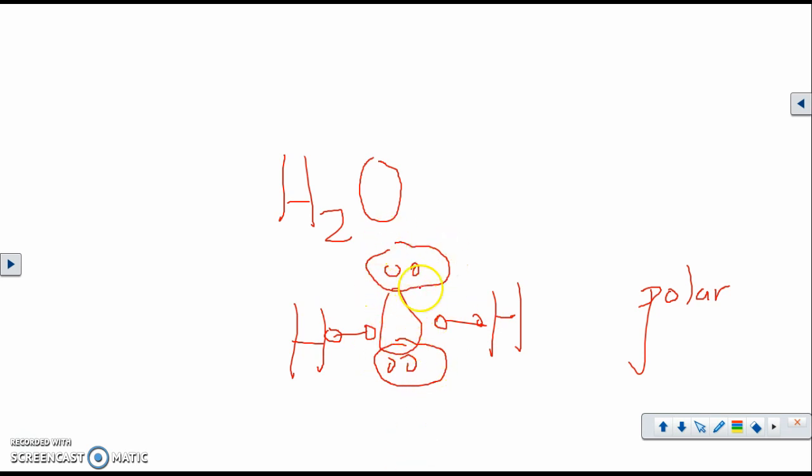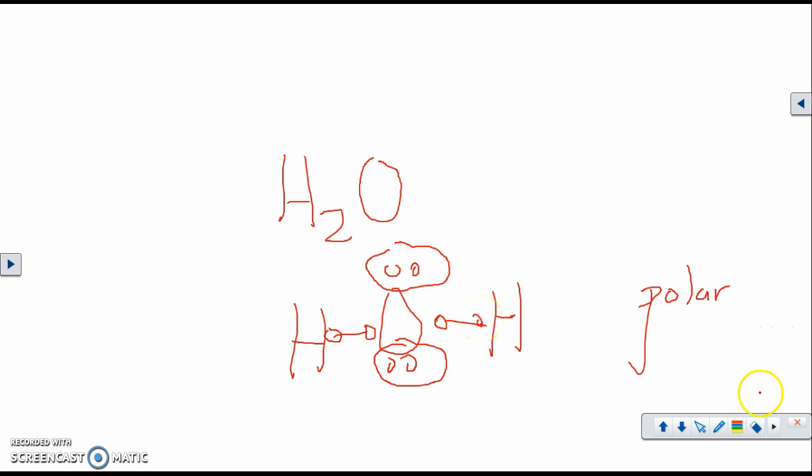As soon as you have a lone pair, 1, 2, 3, however many, on the central atom, we are going to generalize in this class that that molecule is going to be a polar covalent compound. But again, this comes from knowing how to draw Lewis structures, and knowing how to draw Lewis structures comes from knowing valence electrons. So geometry is quite important in deciding whether something is polar or not.